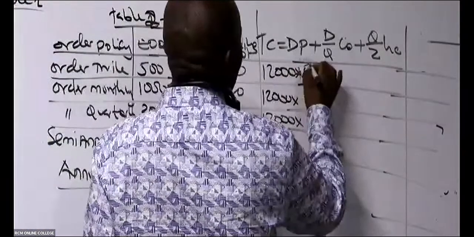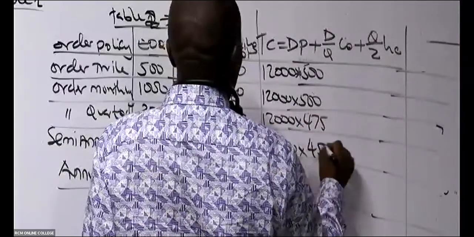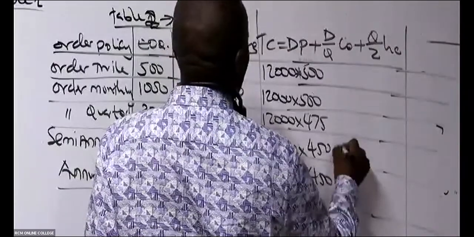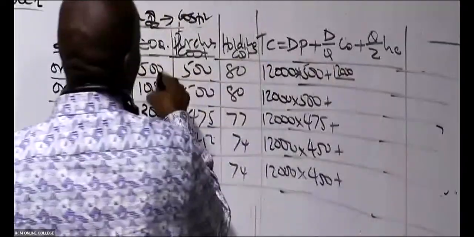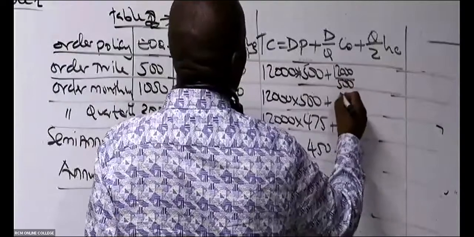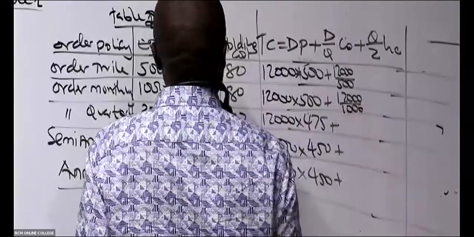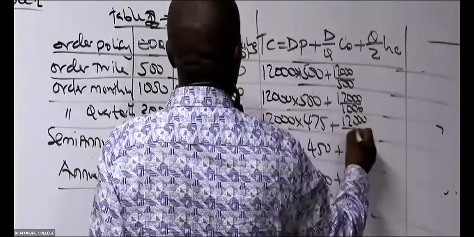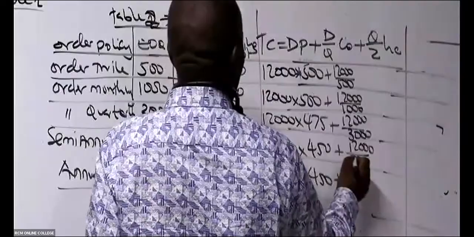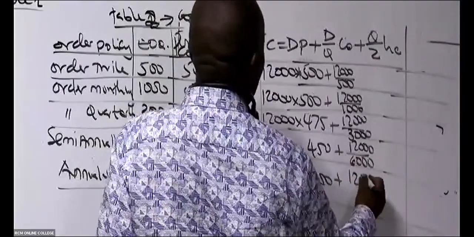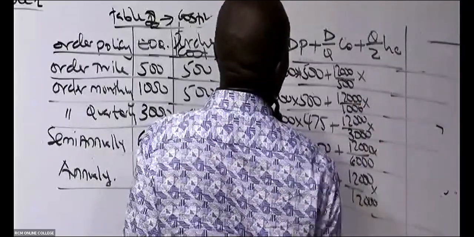500, 500, 475, 450, 450, plus D, 12,000 over the quantity, this quantity here, 500. 12,000 over 1,000. 12,000 over 3,000. 12,000 over 6,000. 12,000 over 12,000 times the cost per order.